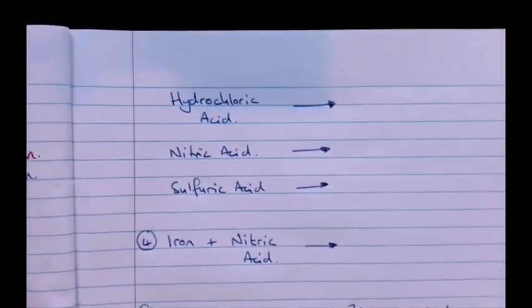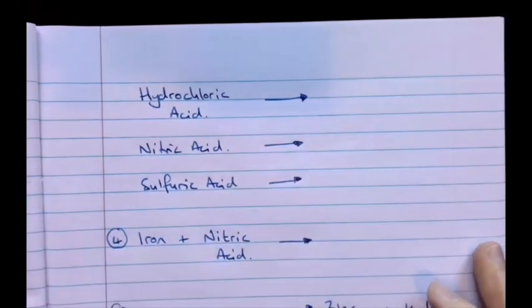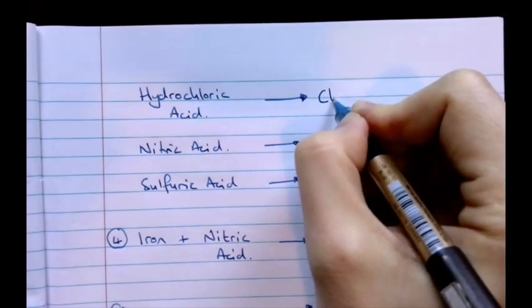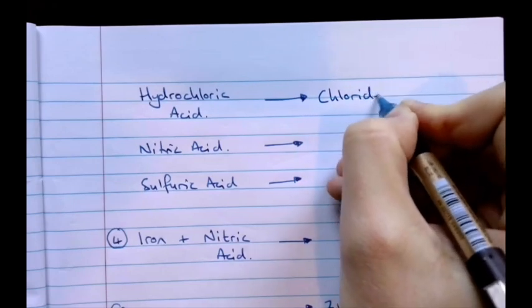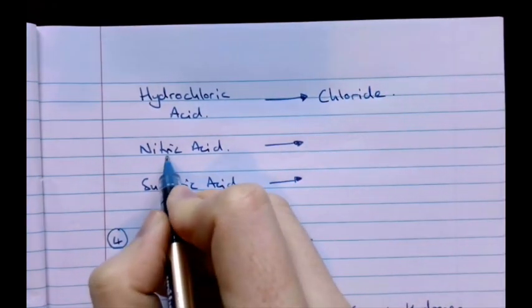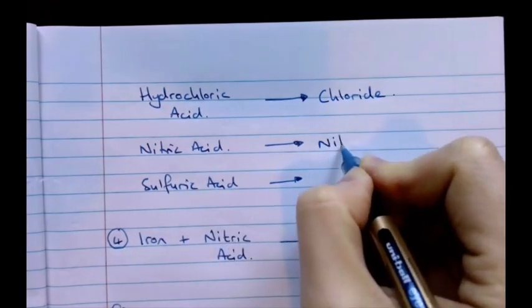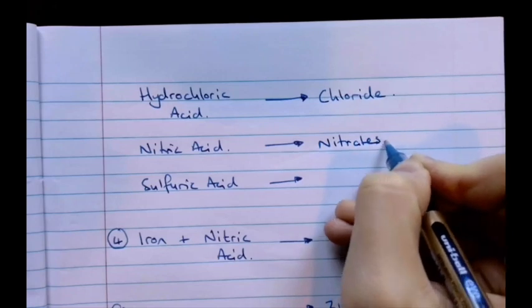Okay, there are 3 types of acid that we're going to talk about. The first one, which we've already met, is hydrochloric acid, and that makes chlorides. Zinc chloride, iron chloride, magnesium chloride. The second type of acid is called nitric acid. Now that makes compounds or salts called nitrates.